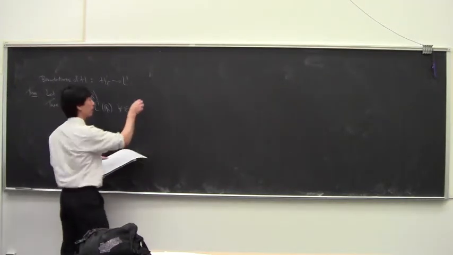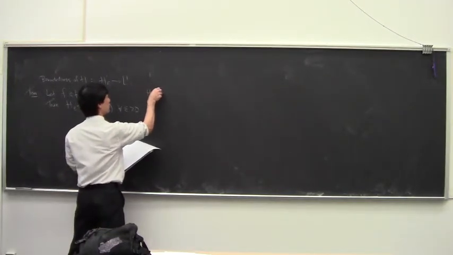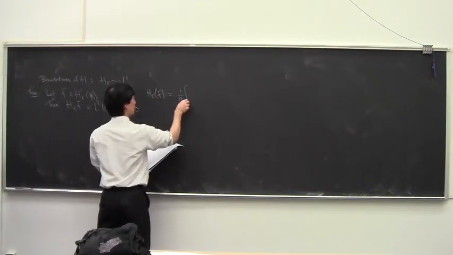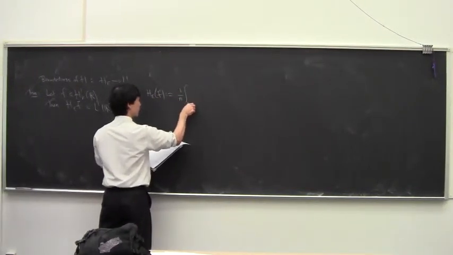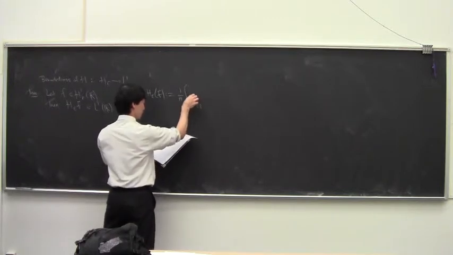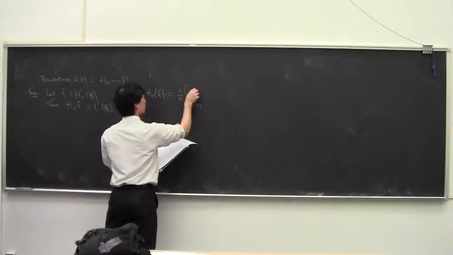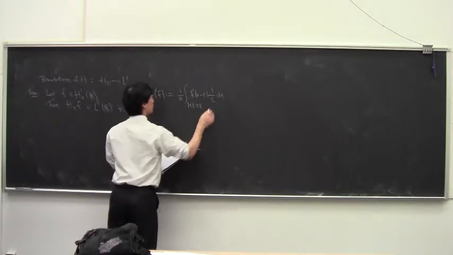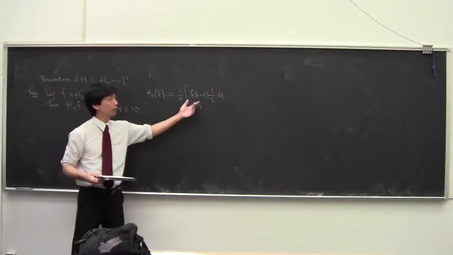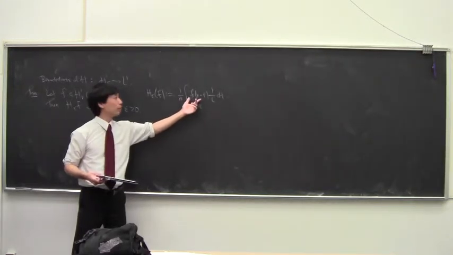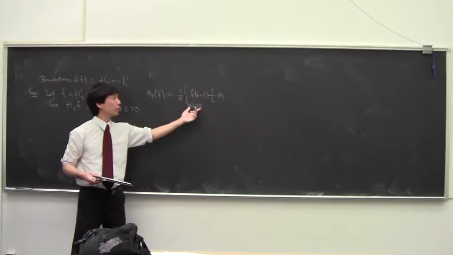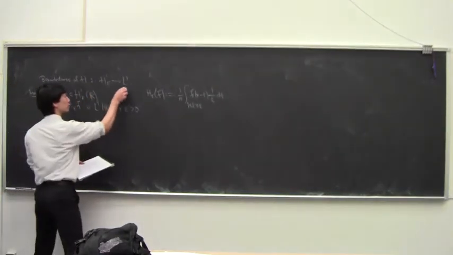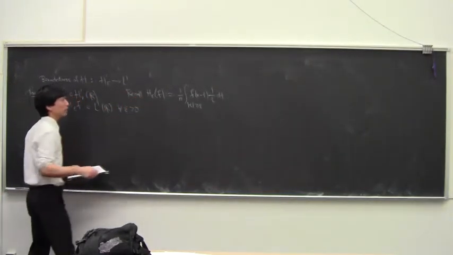And you see right here, this H epsilon is the truncated Hilbert transform. So you convolve with 1 over t, but you chop it away from the origin. You recall this.